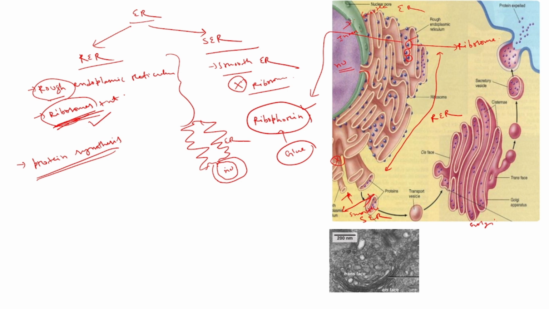Please look at this term. In the NEET exam, two types of questions will be asked. If the question is which organelle helps in protein synthesis, the answer will be the ER.